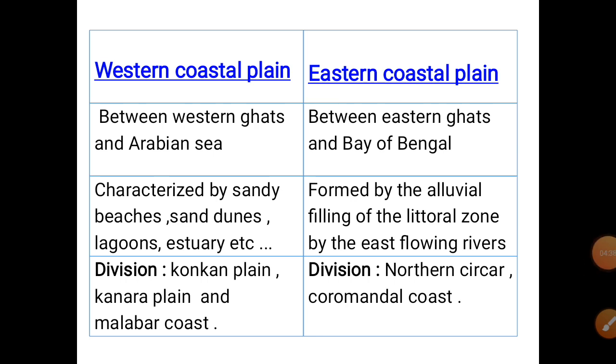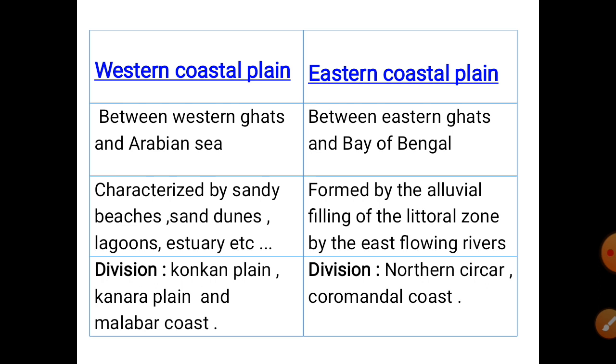Let's see the difference between the western coastal plain and the eastern coastal plain. First, the western coastal plain lies in between Western Ghats and Arabian Sea. The eastern coastal plain lies in between Eastern Ghats and Bay of Bengal.